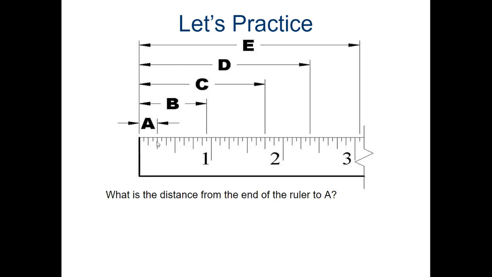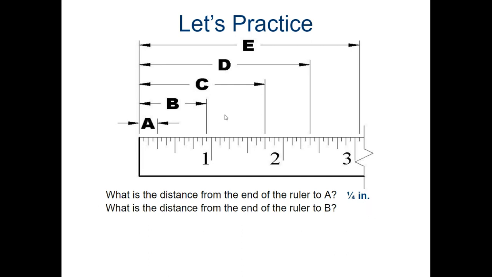The bottom denominator is going to be 16, and then the top numerator is what? 1, 2, 3, 4. 4 sixteenths. Can we reduce that? Yes, we can. We can reduce that to 1/4 of an inch. 4 sixteenths reduces to 1/4.